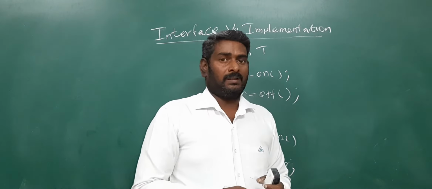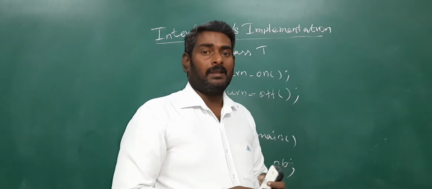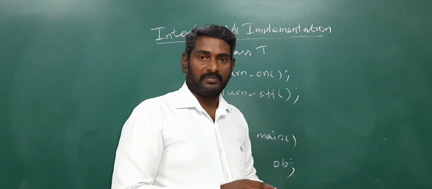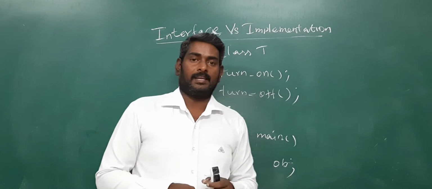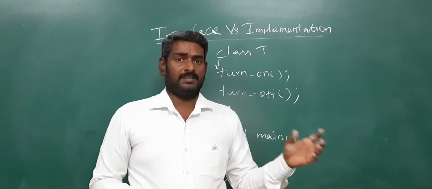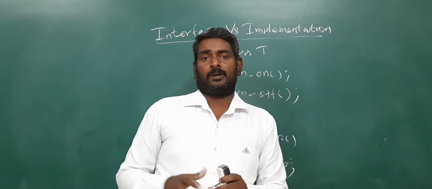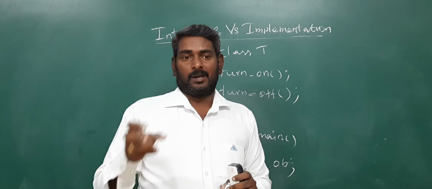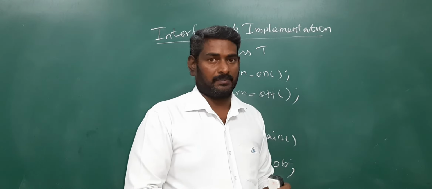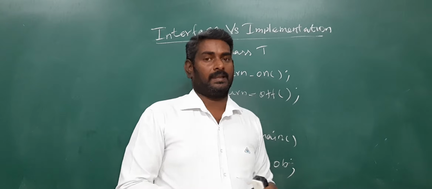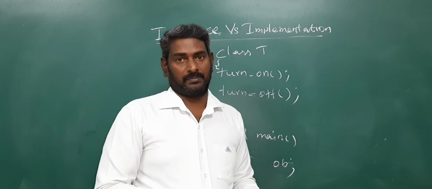The implementation carries out the instruction defined by the interface. So this is the main difference between interface and implementation. Interface defines what the object can do, but the object's work is carried out by the implementation.